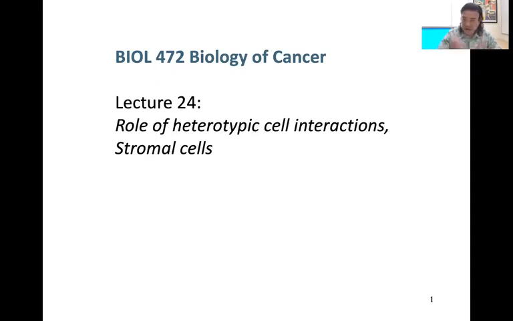What are the types of interactions that take place, and why is appreciating the interaction between transforming cells and the supporting cells around them so important and relevant to our understanding of how cancer progresses, especially in terms of the spread of cancer, metastases? So this is what we're talking about when we say heterotypic cell interactions, and the role that stromal cells play in them.